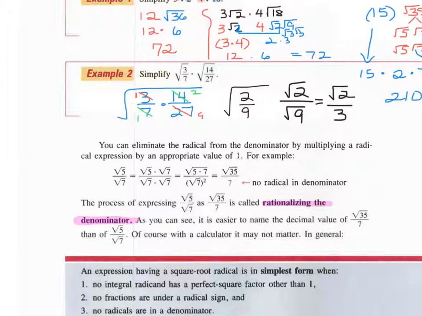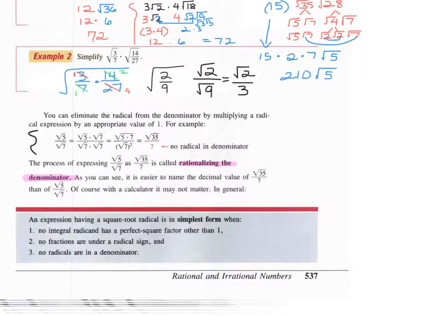So the process of rationalizing the denominator is done right here, and I'm going to do it again over here to the side. So let's say your final answer ended up with the square root of 5 over the square root of 7. Notice the square root of 7 is not a perfect square.